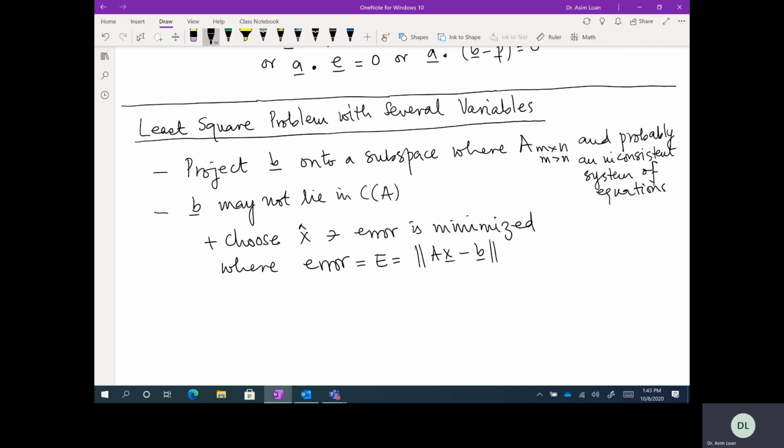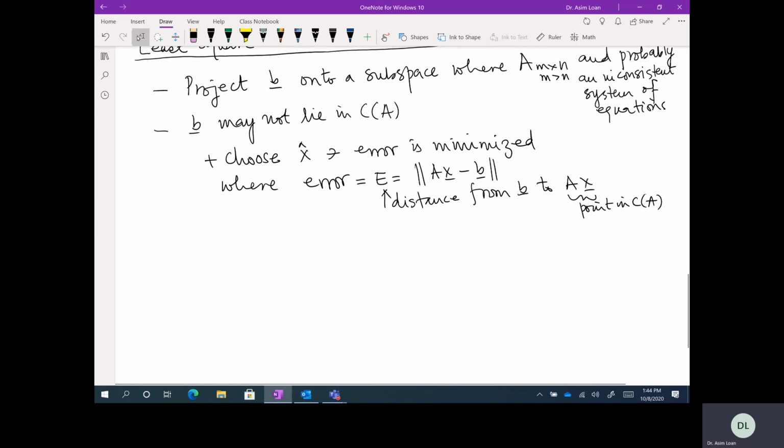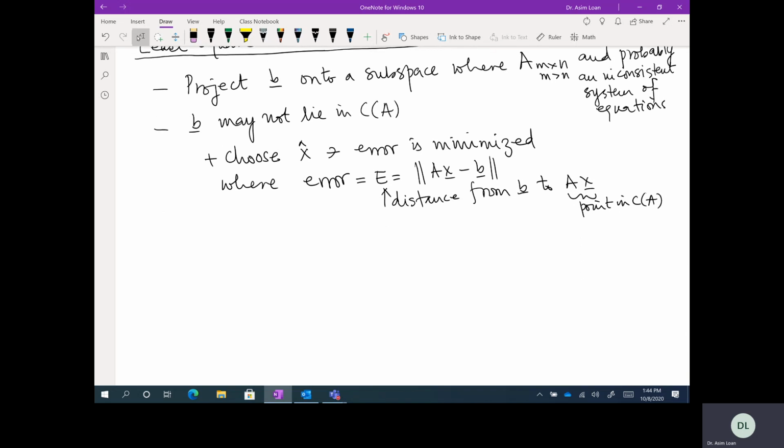This is the distance from B to AX, and AX is a point in the column space of A. Obviously, A times X is a combination of columns, so it's a point in the column space of A.